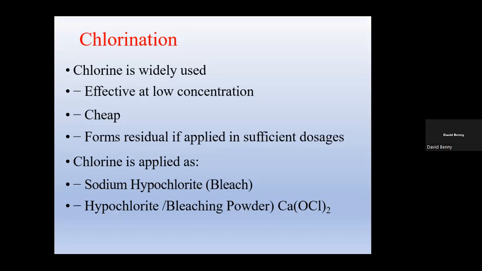It can form a residual, and it is applied based on health and safety principles, at least here in Trinidad and Tobago, as hypochlorite or bleach. We have veered away from using chlorine gas as the disinfectant because of its health and safety reasons. Right? So most commonly, if we're doing chlorination, we would look at using bleach or hypochlorite.